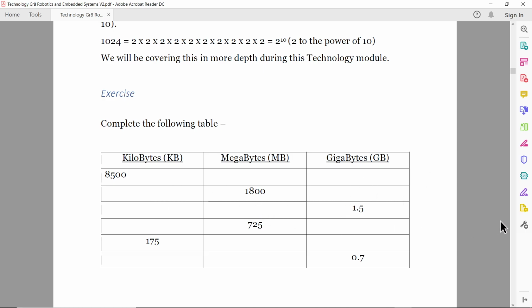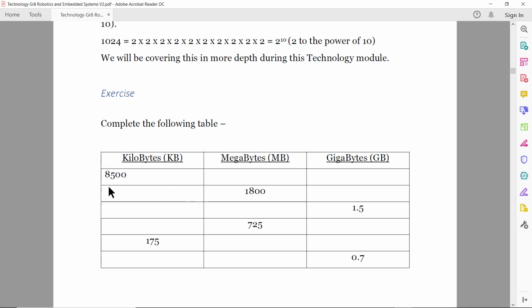Okay, don't let the numbers fool you. It's just simple arithmetic. It's not even maths. You are just going to multiply or divide by 1024. Okay, that's all you are going to do. So you must just work out whether you're going to multiply or whether you're going to divide.